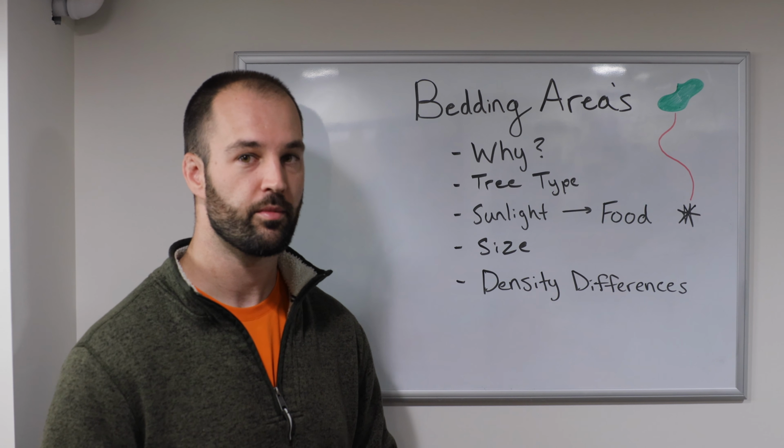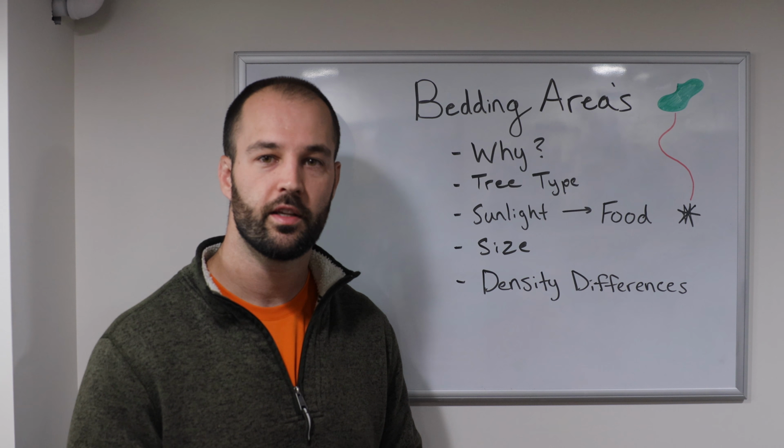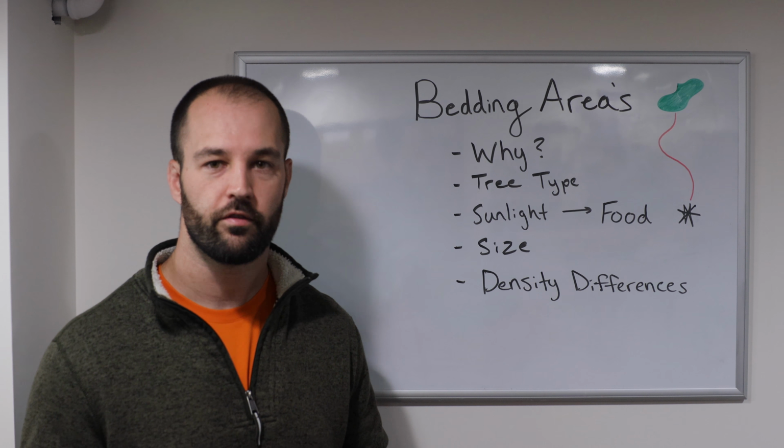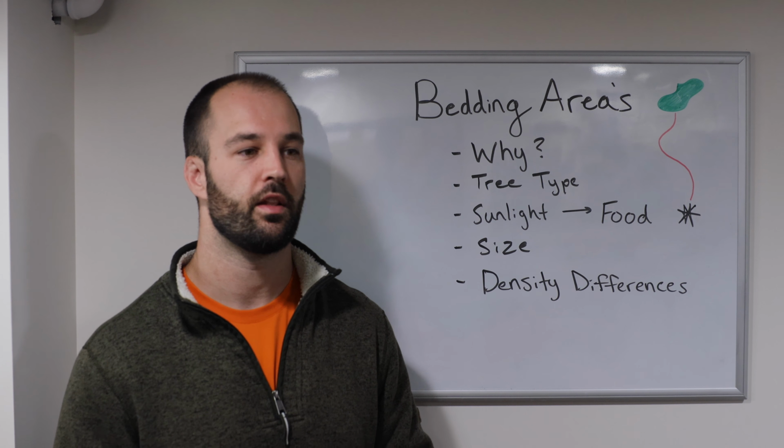Density differences. I was thinking about this quite a bit the last couple of days. Again, the clients that we were just seeing really came into my mind just because there are big differences in areas where it might be more hardwood oriented, and other areas where maybe it was cut fairly heavily in the last 6 to 10 years, and you just have this mid length or height regeneration.